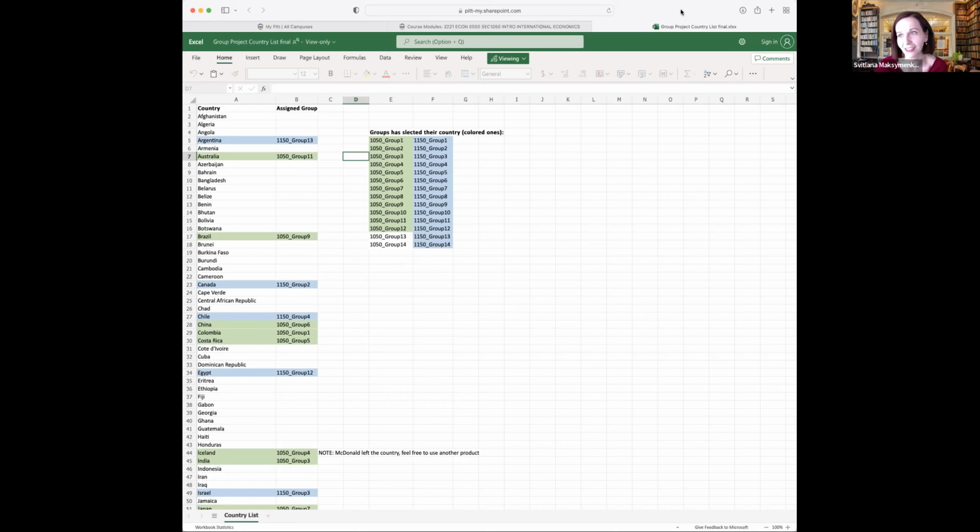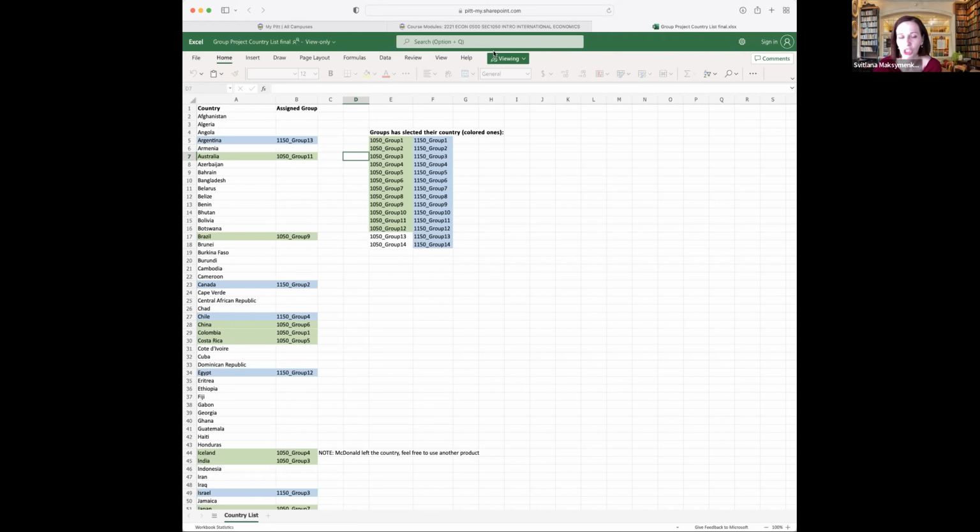Also, another quite interesting point that I would like to make. Originally, when I allowed students to select a particular country, I allowed them to use any member of the European Union.